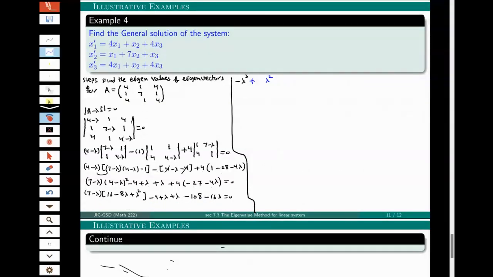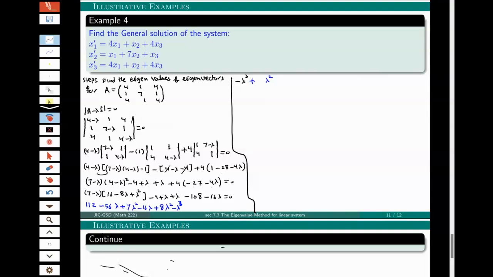We need a bit of concentration. We say 7 times 16, that is 112, and I need 7 times minus 8, minus 56 lambda. 7 times lambda squared, 7 lambda squared minus 16 lambda plus 8 lambda squared, and minus lambda cubed.